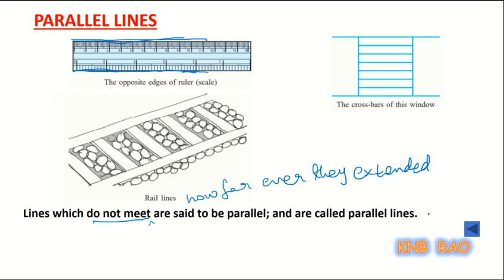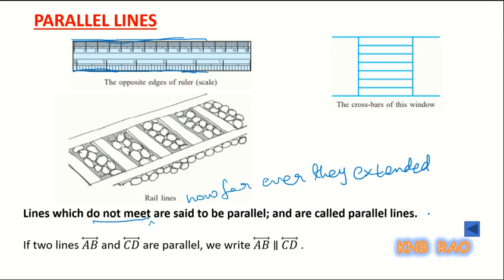Okay, and normally, suppose I have here this as a line AB and this as a line CD.